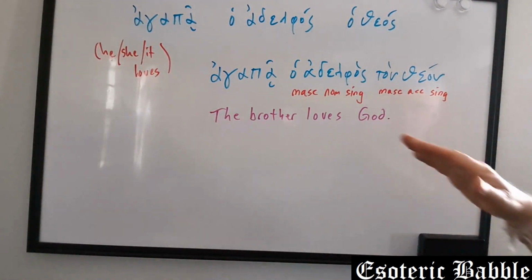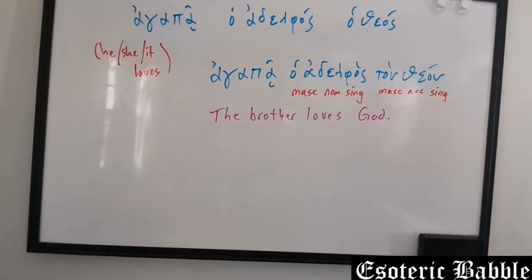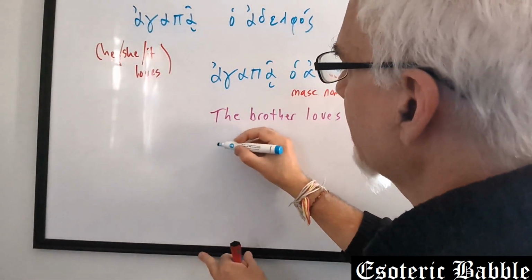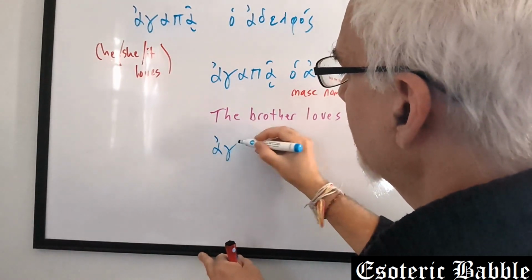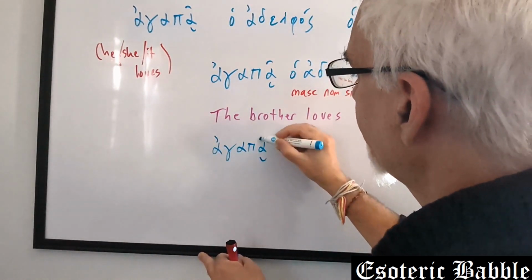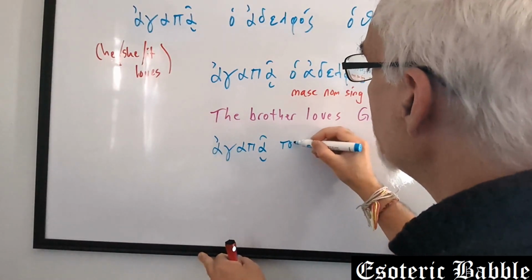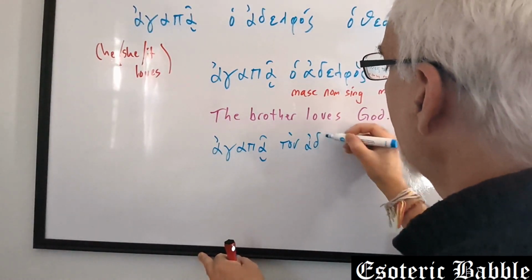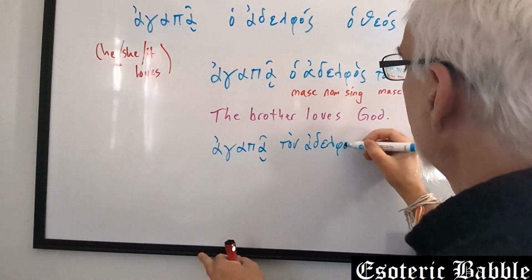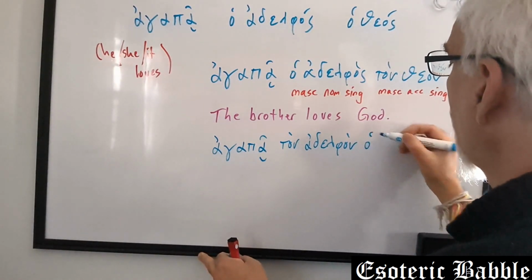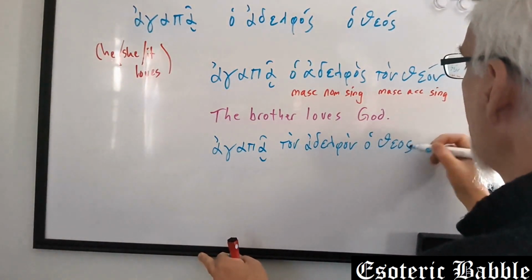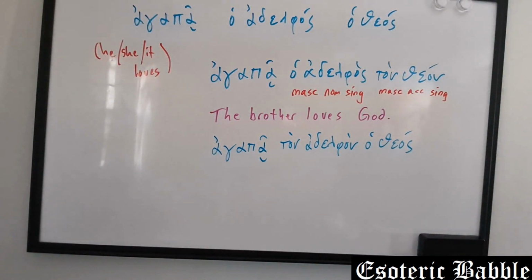In Greek, you don't have to change the order at all. You could simply say agapa ton adelphon ho theos. And you might think, well, how do you know?